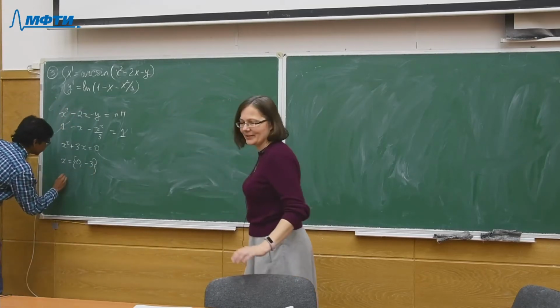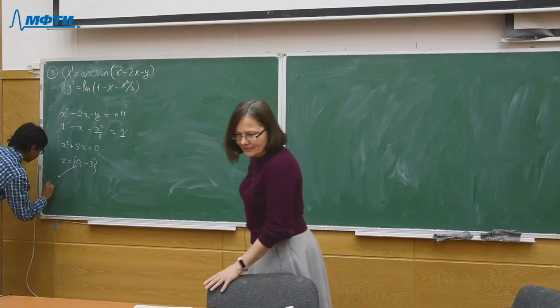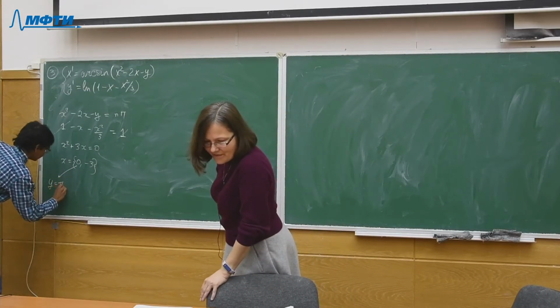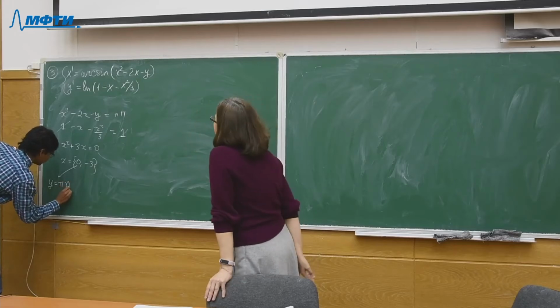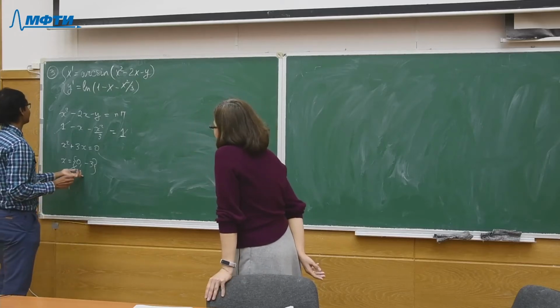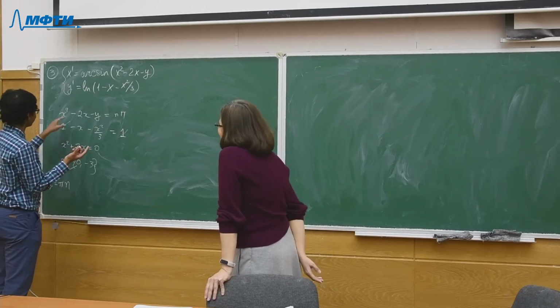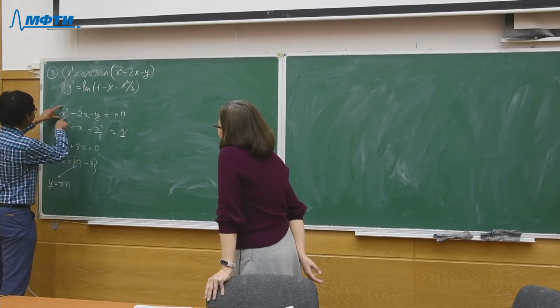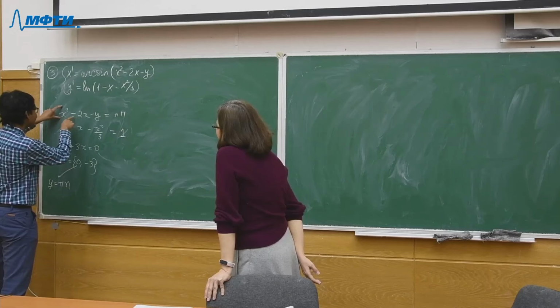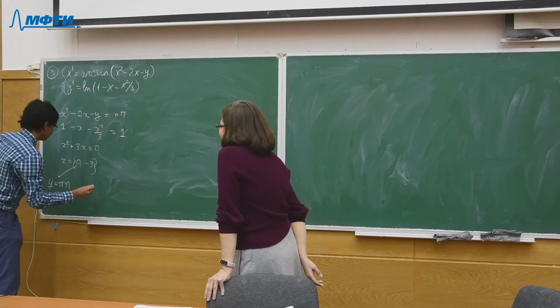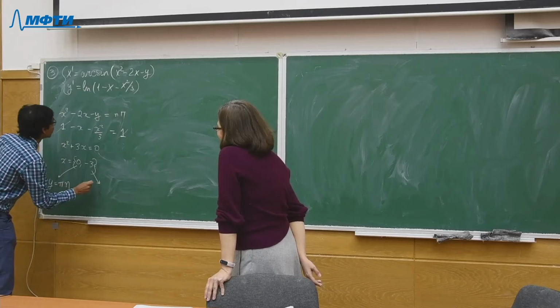So x equals 0. And if it is minus 3 also. Yes, minus 3. Just a second. 9 minus 9 plus 6. 9 plus 6, 15. So n pi 15. Y equals pi n.